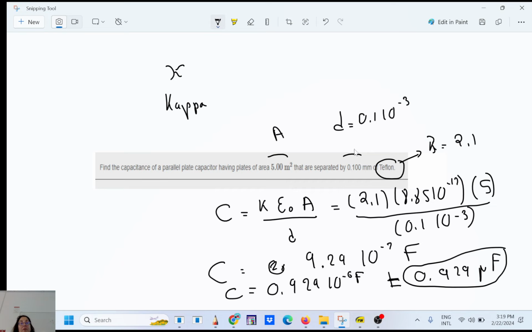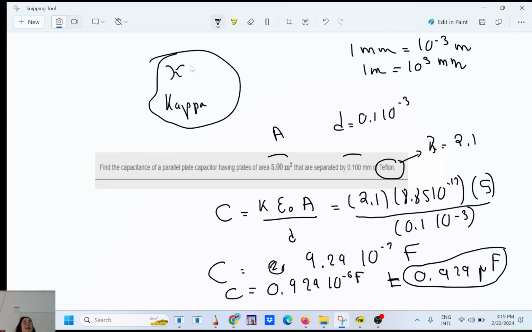Here you have to convert, right? So 1 millimeter is 10 to the negative 3 meters. So 1 meter is 1,000 millimeters. It's a lowercase k, kappa. It's a Greek letter.